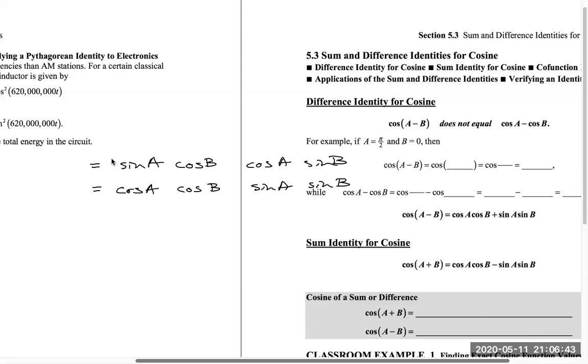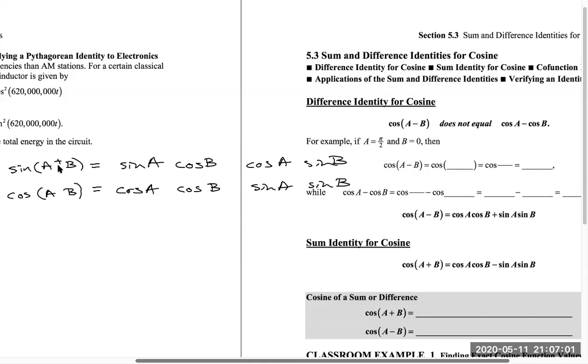Then I say, oh yeah, on the top, sine, cosine, cosine, sine, it's going to be my sine terms. And cosine, cosine, sine, sine will be the cosine terms. A first, B second, A first, B second.